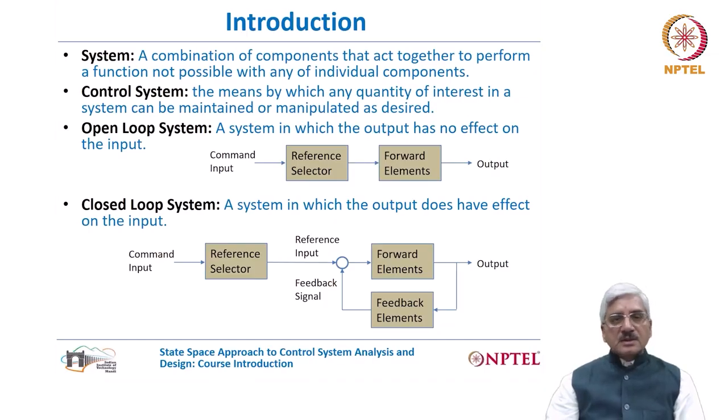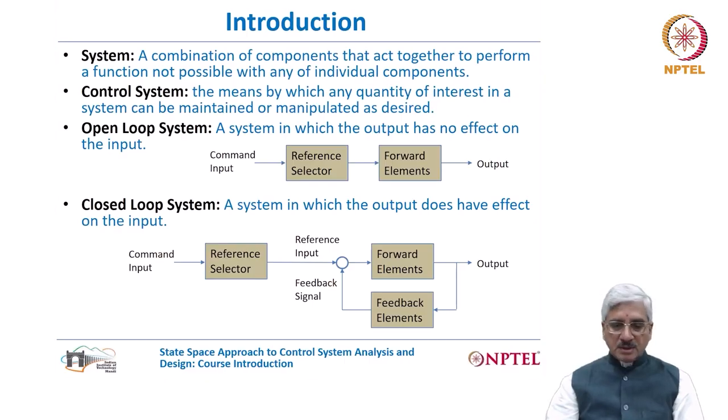The other type of control system is a closed loop control system as shown in this block diagram. In this case, the command input again goes to a reference selector, which again produces a reference input. However, the reference input is now compared with a feedback signal which is dependent on the output.